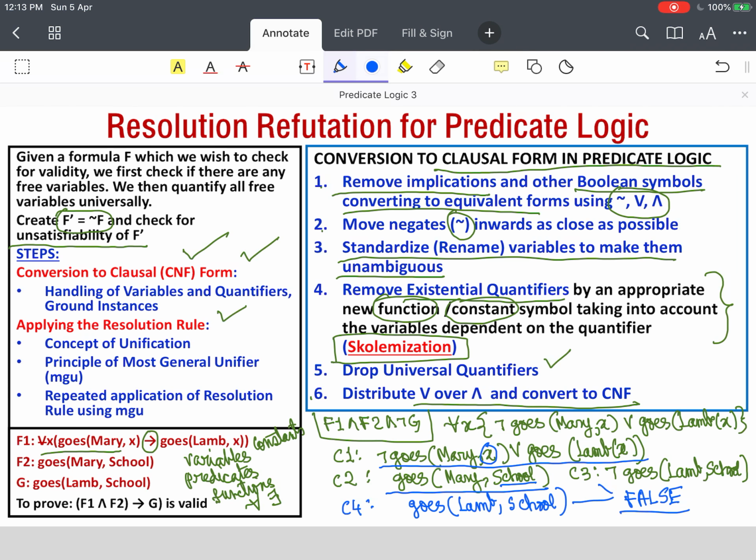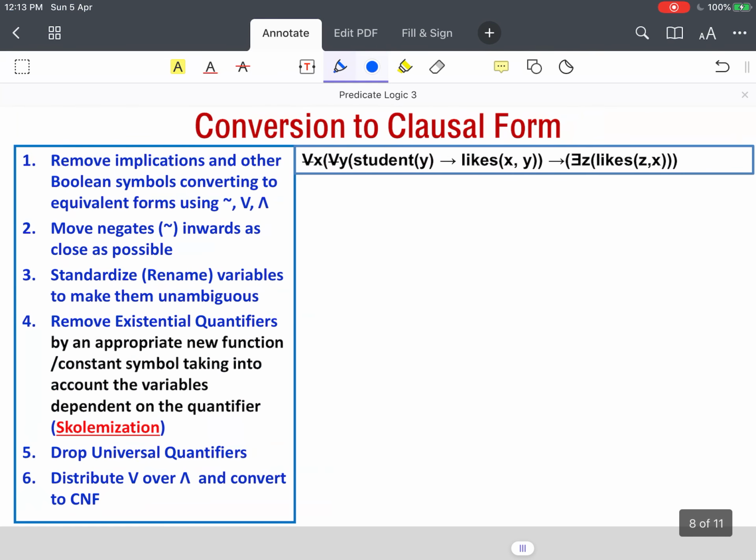The conversion to clausal form was straightforward. On the other hand, in the resolution rule, we needed to do substitution of variables with constants, and we will see more critical examples. So having seen this example, we now move over to a more complicated example.